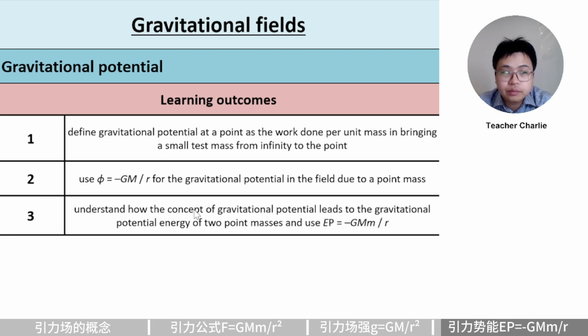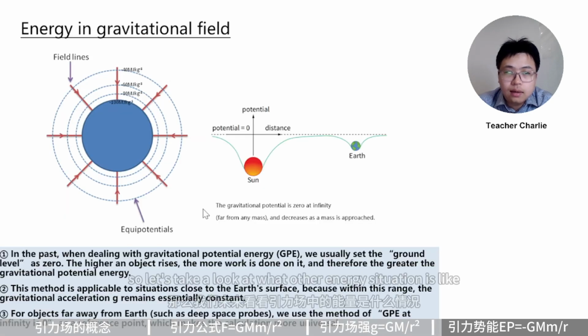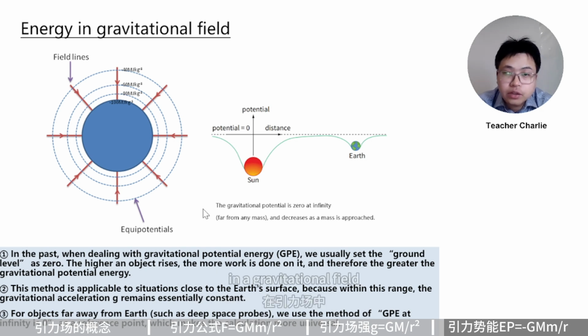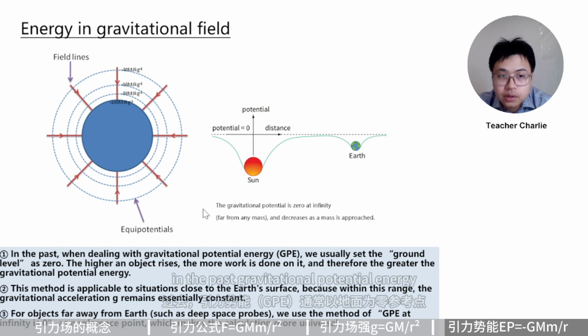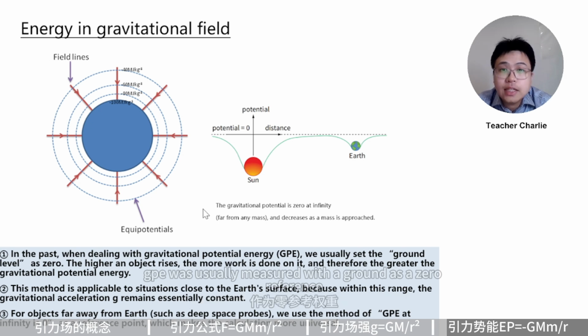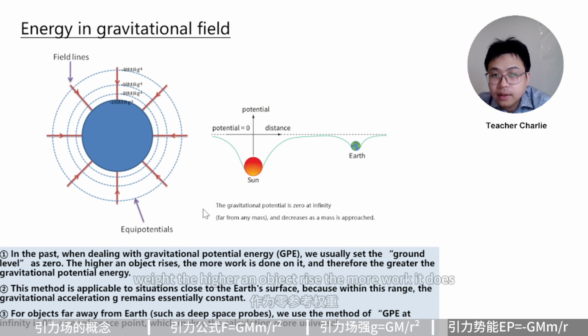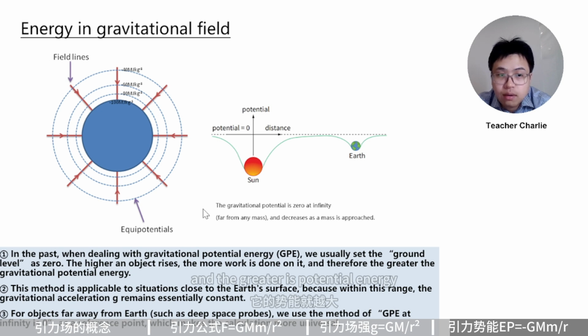Okay, so let's take a look at what the energy situation is like in a gravitational field. In the past, gravitational potential energy, GPE, was usually measured with the ground as a zero reference point. The higher an object rises, the more work it does, and the greater its potential energy.